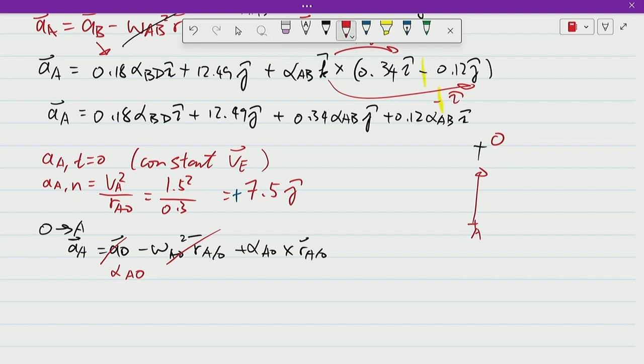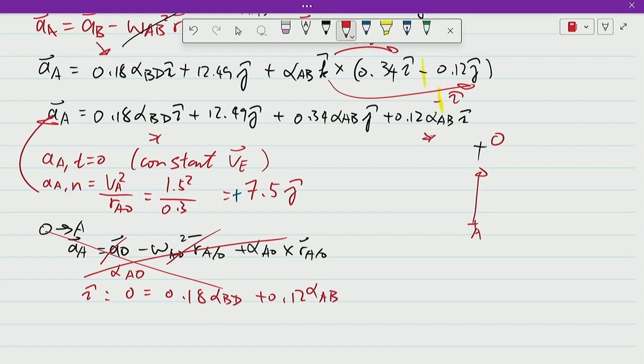Actually, we don't even need alpha AO. Sorry, you don't even need this. You can just plug it directly into our acceleration. The I is going to give us 0 equals 0.18 alpha BD plus 0.12 alpha AB.